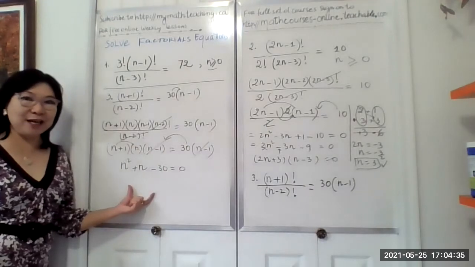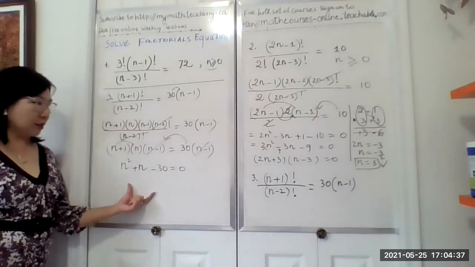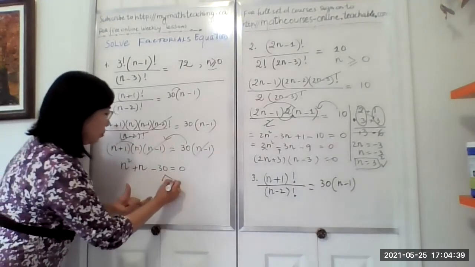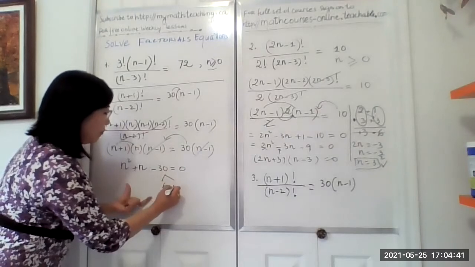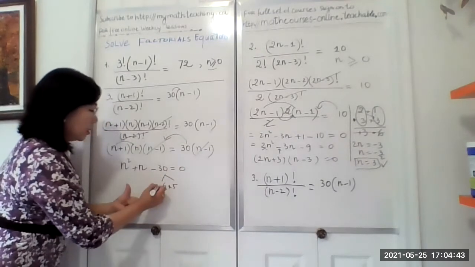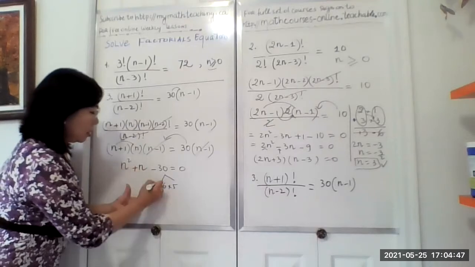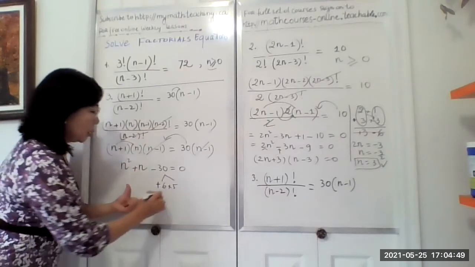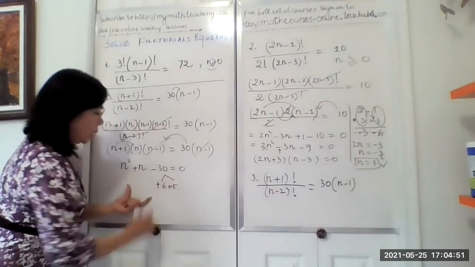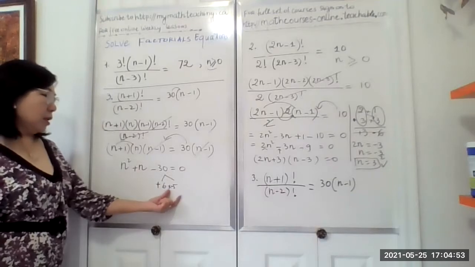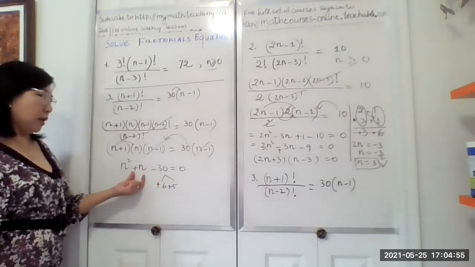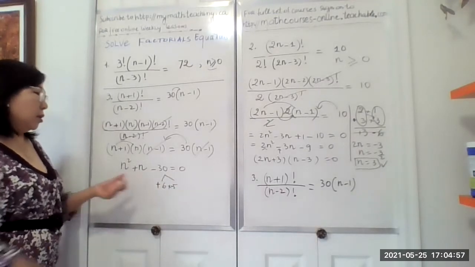Again, we're going to factor the quadratic here. I'm going to split 30 into 6 times 5, and assign the correct signs to get back to the positive middle term. This number has to be plus, and this number has to be minus. Plus 6 minus 5 will give me plus 1 for the middle term here.